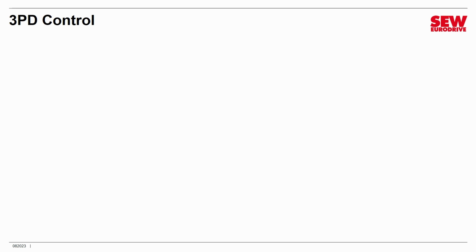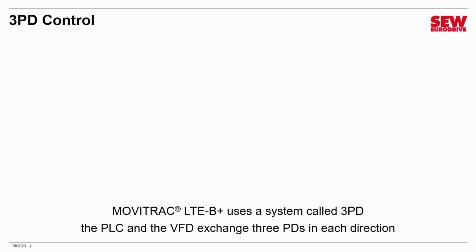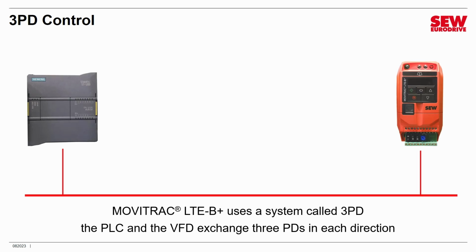Now, the MOVITRAC LTE-B Plus uses a control scheme called 3PD. What is 3PD? Well, I'm sure you can guess just from the name. It's a system where we exchange 3 process data words in each direction. So this is the particular setup used with a MOVITRAC LTE-B and B+. You have the PLC, you have the VFD, and they're connected by a field bus.